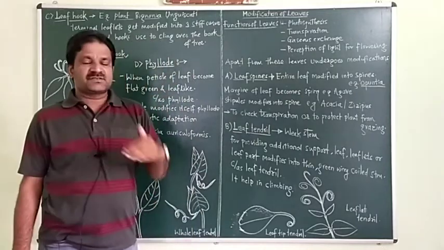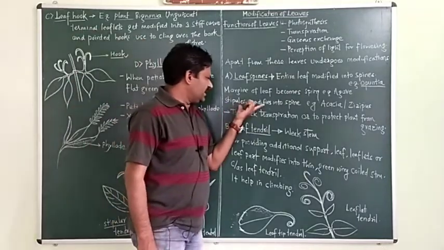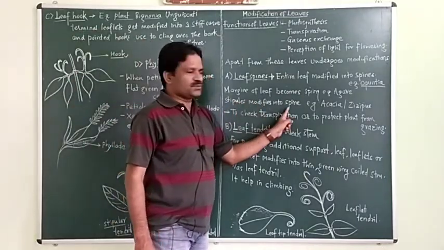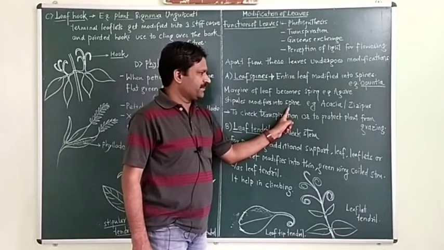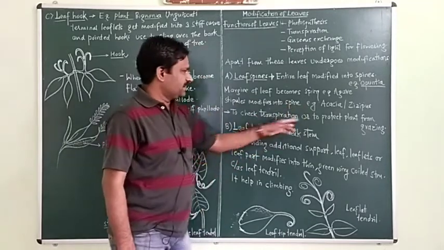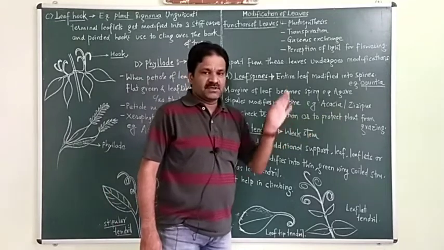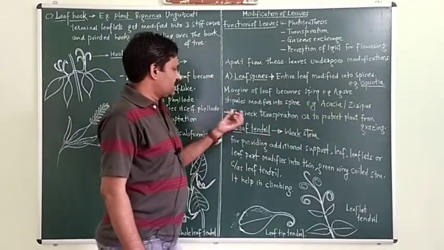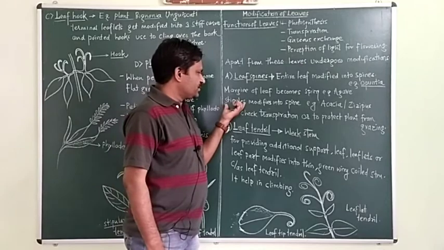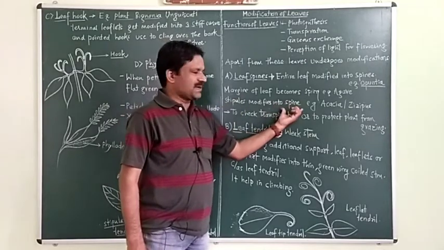In some plants, the leaf stipules are modified into spines. For example, acacia and ziziphus show stipules converted into spines.